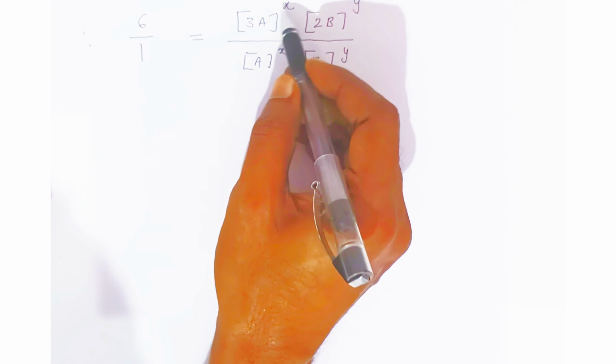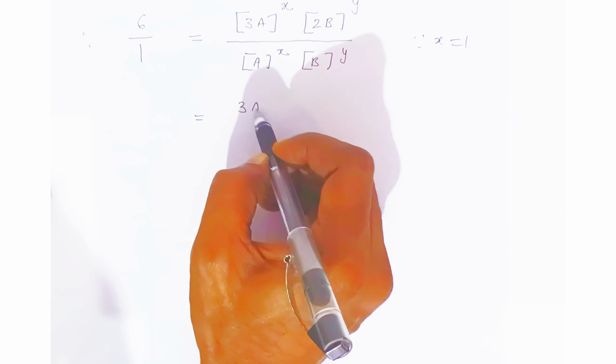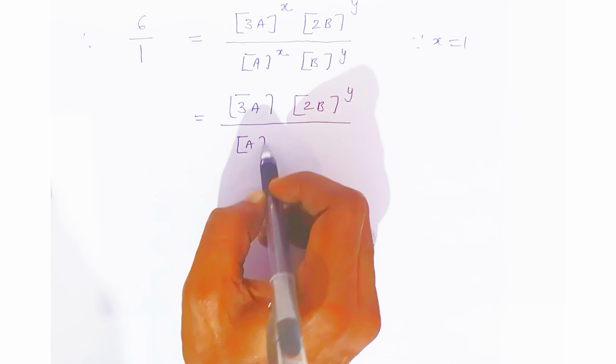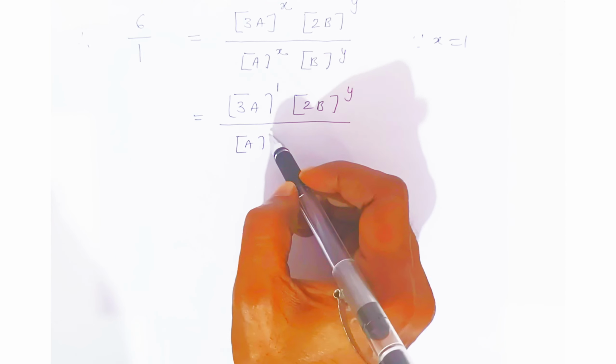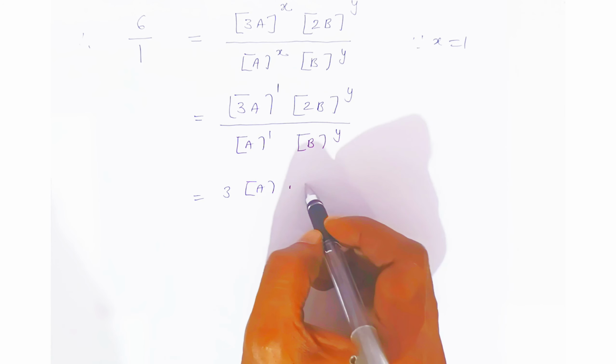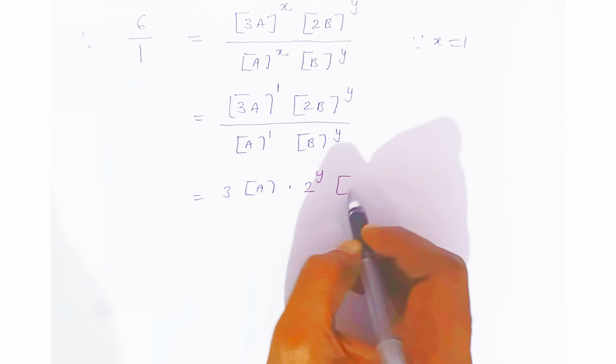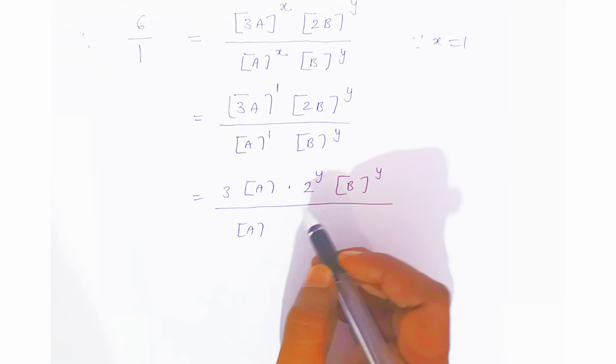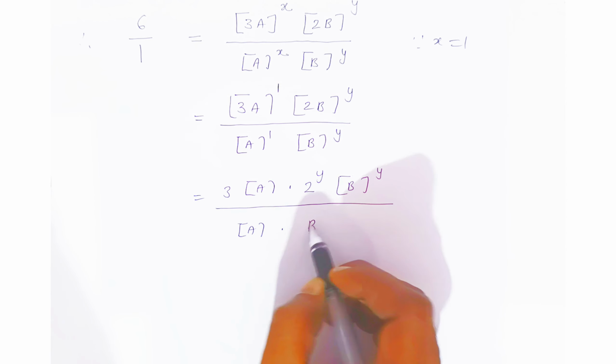When 3 comes out, since we have already put the value of x as 1, you can also write 3 raised to A into 2 raised to B. Instead of x we are writing 1, we are not writing the power. If you want, you can write it here. Now this is concentration of B raised to y. 3 will come out, so 3 concentration of A into, when 2 comes out it comes with power 2 raised to y and concentration of B raised to y. Here the concentration power is 1, we are not writing it, into concentration of B raised to y.